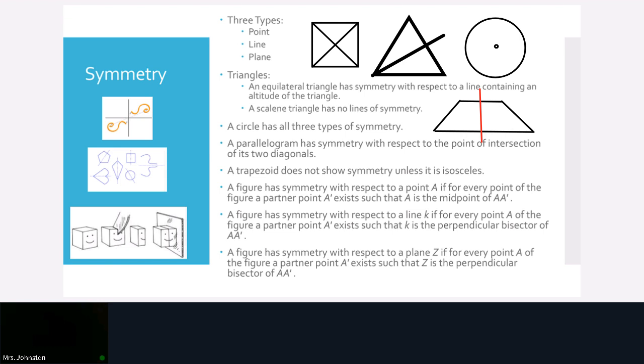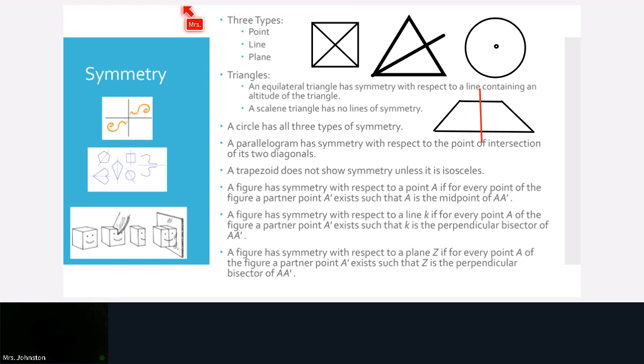Now, there are some very specific definitions about these types, and you'll need to be familiar with them, but you won't have to repeat them. First, a figure has symmetry with respect to a point, A, if for every point of the figure a partner point A prime exists such that A is the midpoint of A prime.